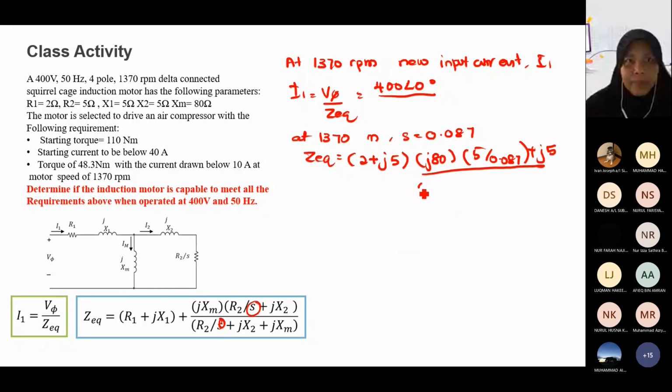Over 5 over 0.087 plus J5 plus J80. Okay, what do you get for Z equivalent?